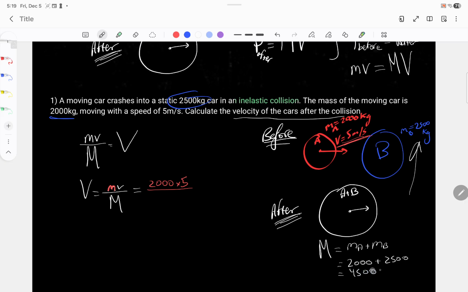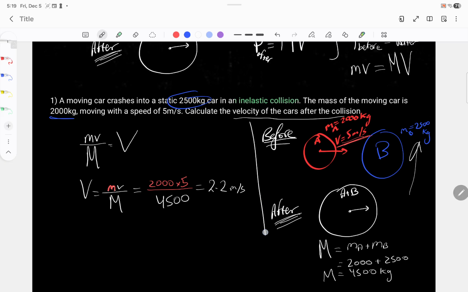So we're going to get 4,500 kilograms as big M. Now that we know what big M is, we can simply plug it over here, 4,500. So we put these numbers in the calculator, and we get 2.2. Now, given that we're calculating velocity, our unit is going to be meters per second.